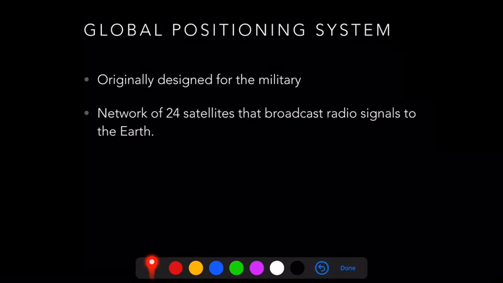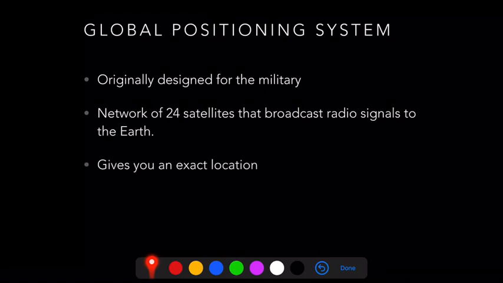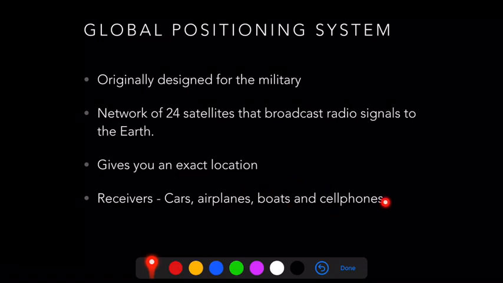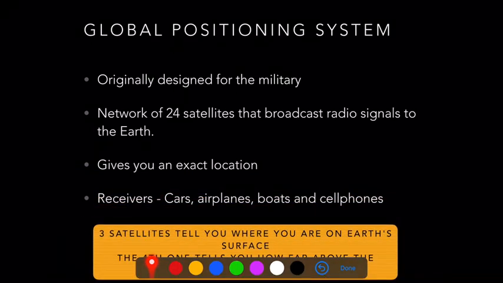Right now, all of your cell phones, your iPads, the cars have a GPS system. Cars, airplanes, boats, cell phones. There are also some dogs that they insert a chip into, and they have a global positioning system so they won't get lost.